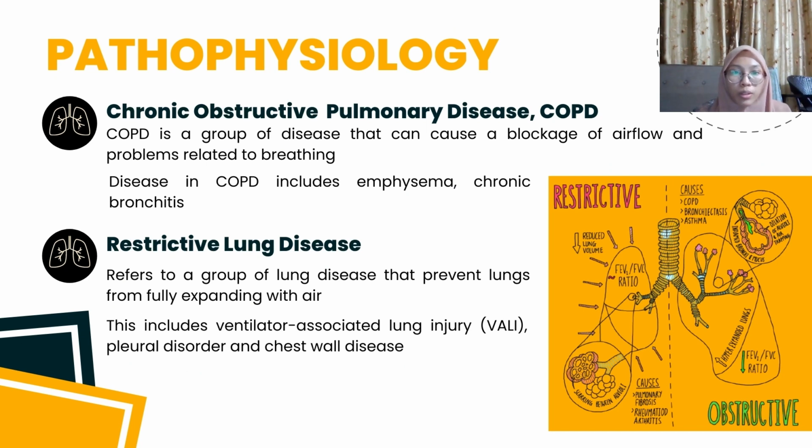Now, we will continue with pathophysiology associated with the respiratory system. First, chronic obstructive pulmonary disease, COPD. COPD is a group of diseases that can cause a blockage of airflow and problems related to breathing. Diseases in COPD include emphysema and chronic bronchitis.